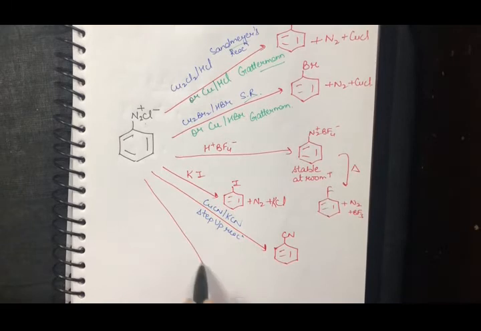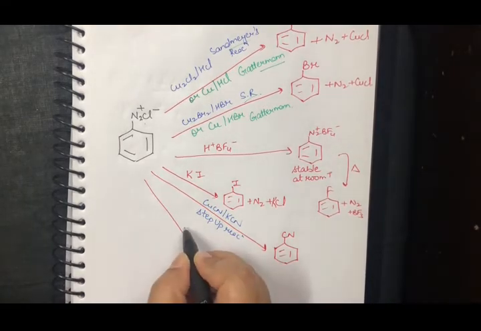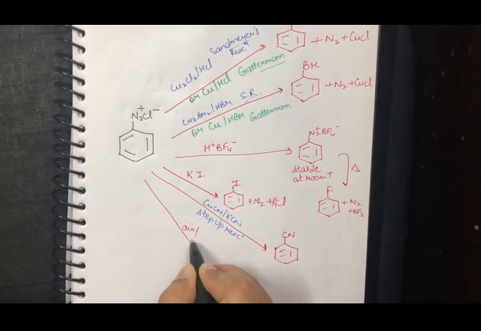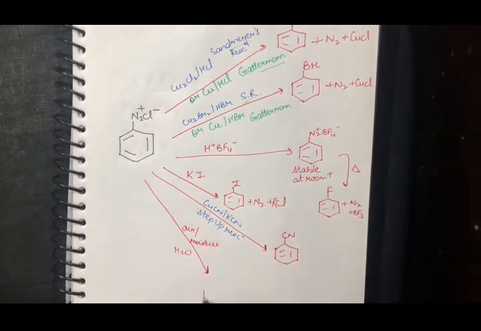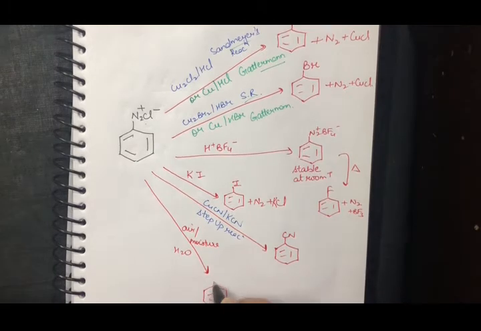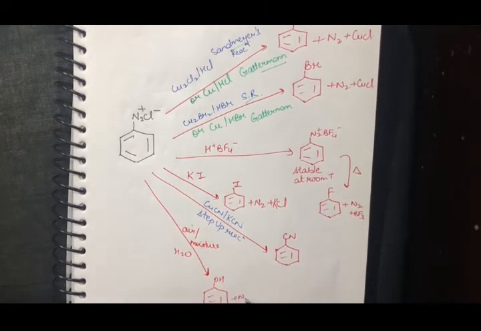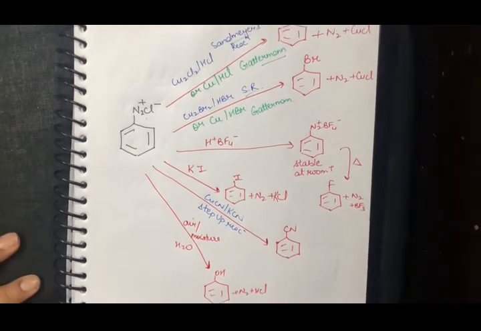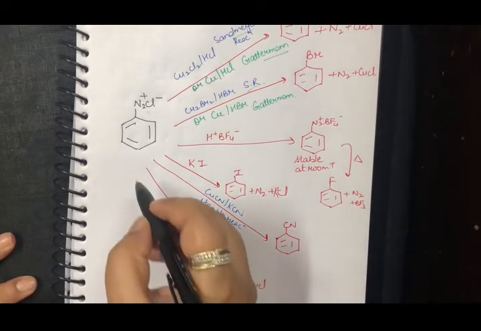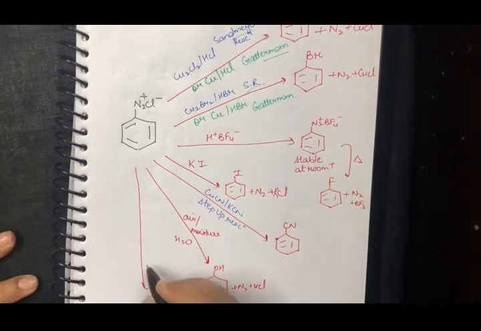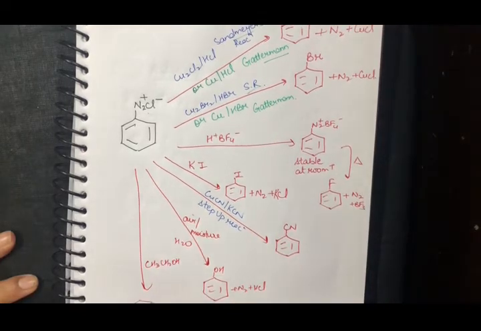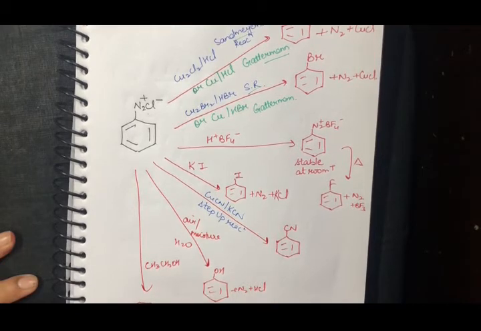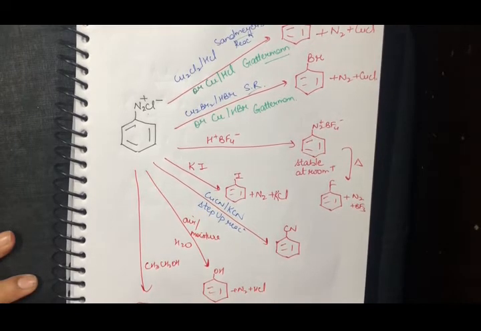Now, if to benzene diazonium chloride, there is air or contact of moisture, that means water, you will directly have phenol along with N2 plus HCl. Right? Now if you make it react with ethanol, it will give you benzene plus CH3CHO plus HCl plus N2.